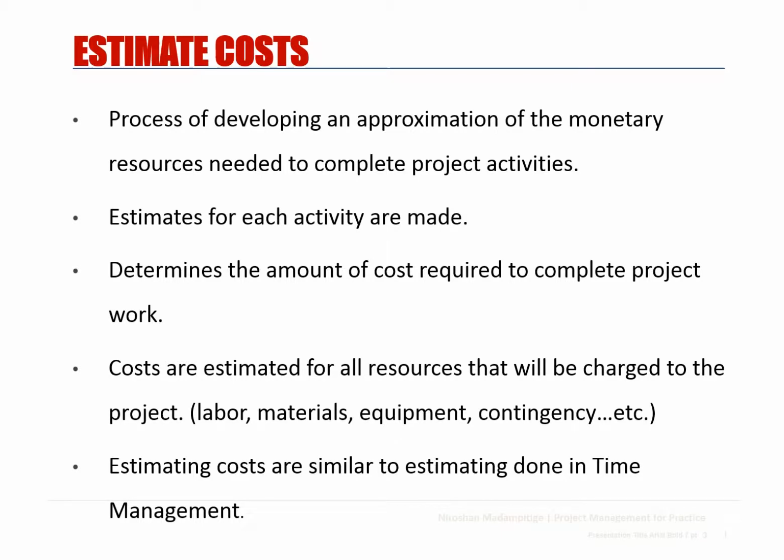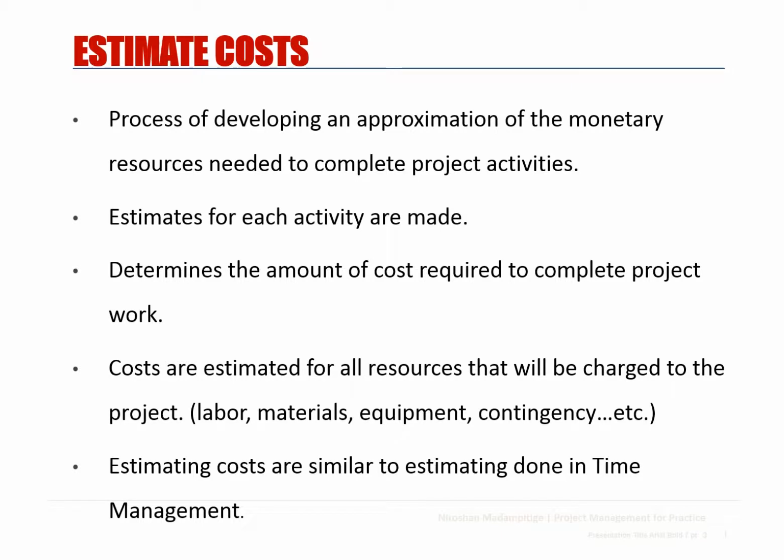Costs are estimated for all the resources that will be charged to the project. So it includes the labor of the personnel or team members of your project. Materials you will be using, wood, steel, and other equipment, for example, if you're working in a construction project, or tools if you're working in a software project. For example, if you will be using a specific testing tool, the cost of the testing tool should be included.